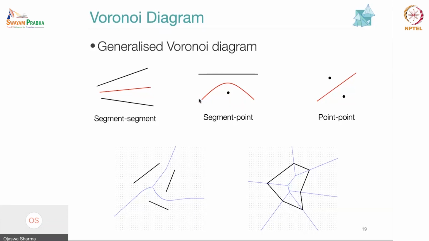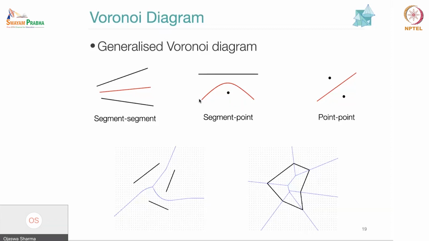Okay, and then between two segments, the bisector is a straight line again, right? Below here, I have some Voronoi diagrams of non-point primitives. If you have three disconnected lines, you could imagine that a finite line segment is made up of the segment and two points at the ends, right?